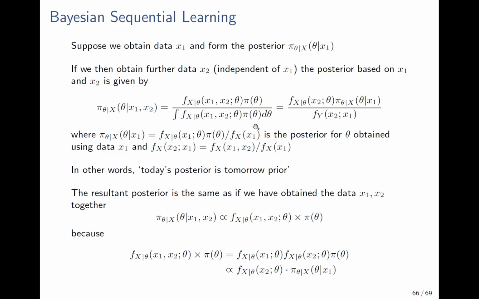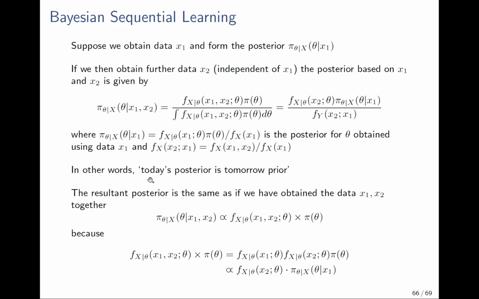But it turns out that if we write the prior density of theta given x1 in this form here, then the joint density of theta given x1 and x2 can be written in this form here. That is, it can be written as the product of the likelihood of theta given x2 times the posterior of theta given x1 divided by the marginal likelihood.